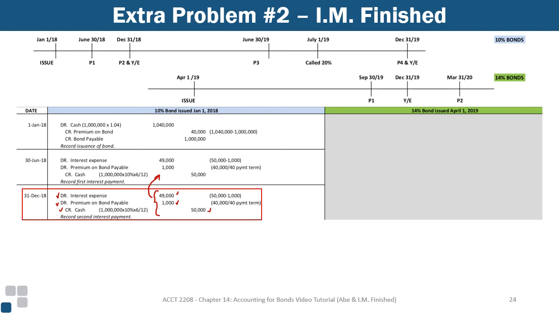Because we're taking this $40,000 premium and amortizing it evenly, each amount of premium amortization is exactly the same payment after payment. So the journal entries are identical throughout, unless the company reacquires some bonds. That's the only time you're going to see a change.